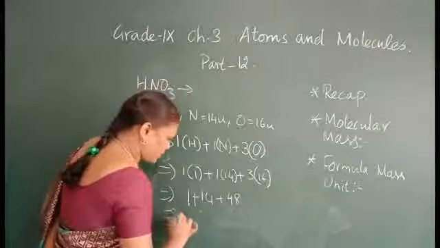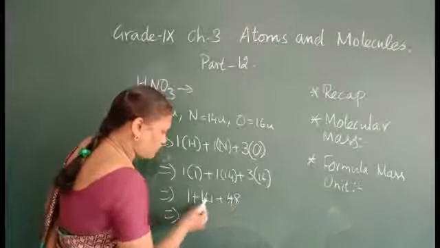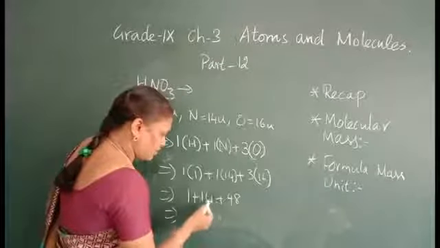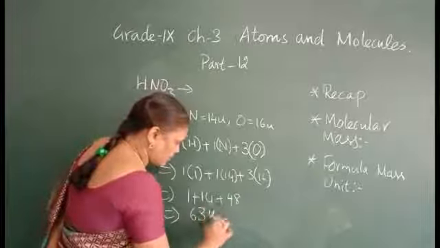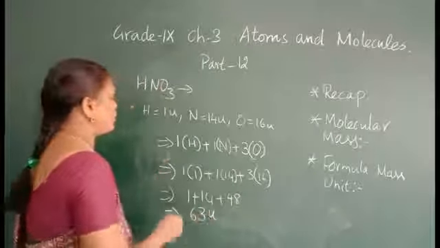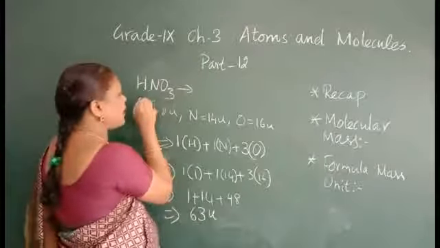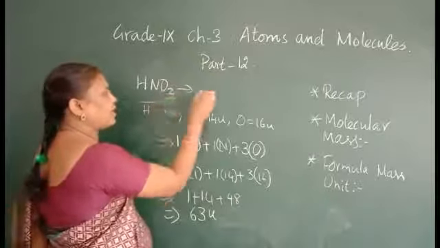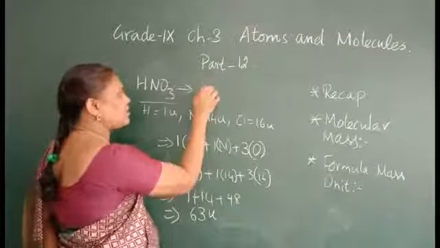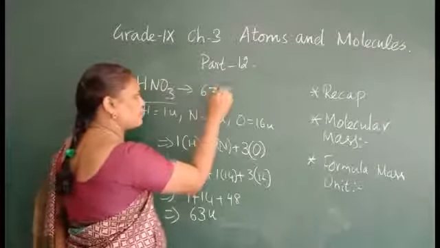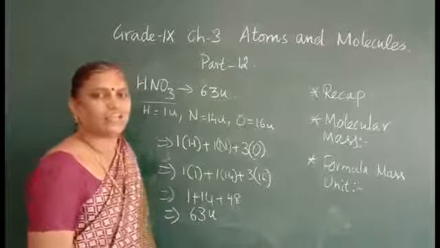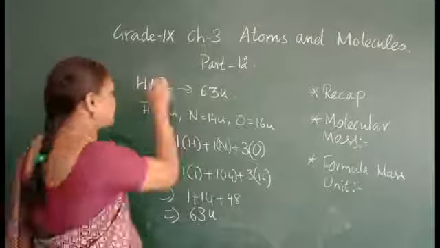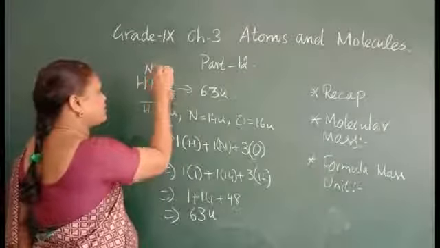That is 63. So the answer is 63U. The molecular mass of nitric acid, HNO3, is 63U.